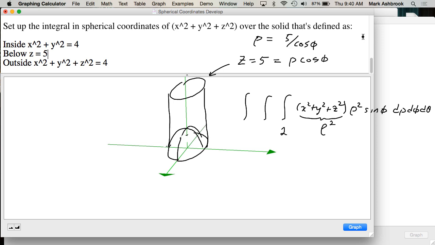For z equals 5, that means rho cosine phi equals 5. We need the rho value where it leaves the solid, so we solve for rho: 5 over cosine phi, or 5 secant phi, which makes it a little easier to write. But that's only for certain phi. Which phi is that true for?